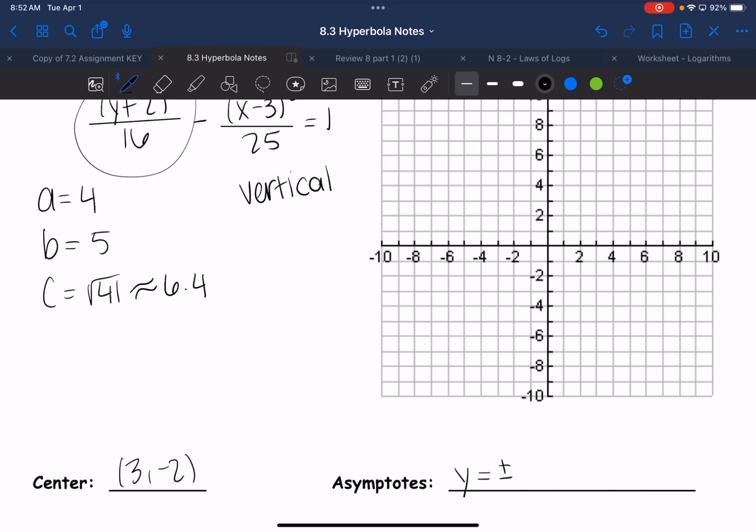So a over b for us would be 4 over 5, good, times x minus h, which we said was 3, good. Oops, not quantity squared. Okay, plus k, which was, okay. All right.